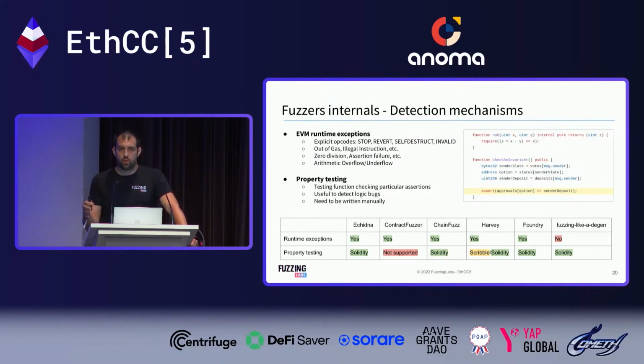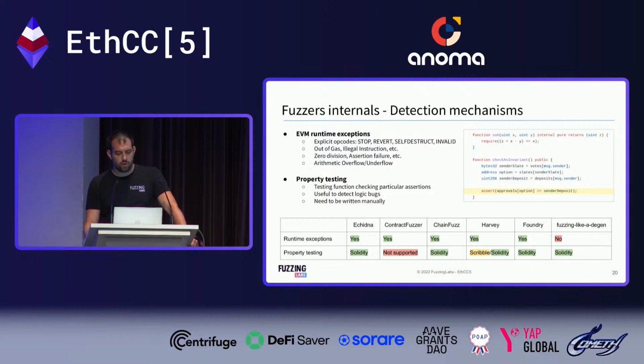That's also why they need the source code, because they take into consideration the testing functions, whereas if you are only fuzzing the bytecode, you will not get any testing functions directly, like on the mainnet. So that's mainly why. You can write those property tests in different languages, depending on the fuzzer, mainly Solidity, and it totally makes sense.